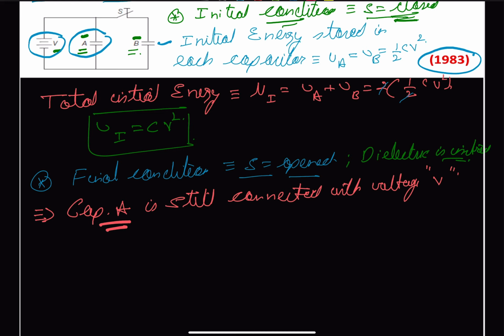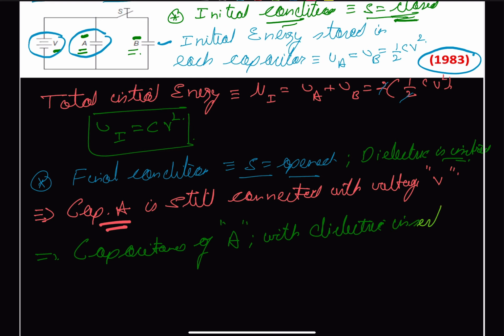Therefore, the capacitance of capacitor A with dielectric inserted, if that is given as Ca prime, will be equal to K multiplied by C. K is the dielectric constant which is given to us as 3. So Ca prime is equal to 3 times C.